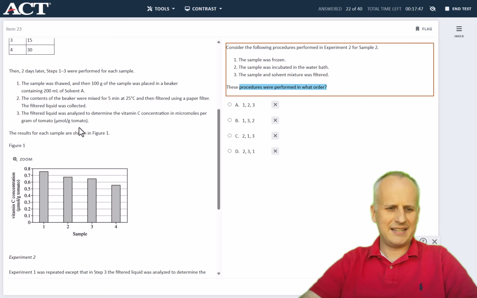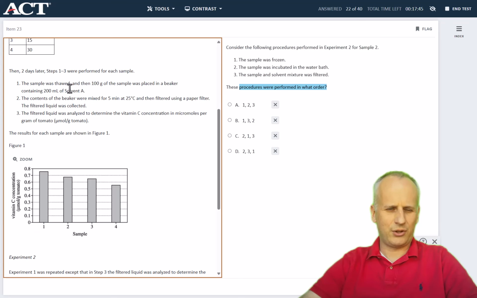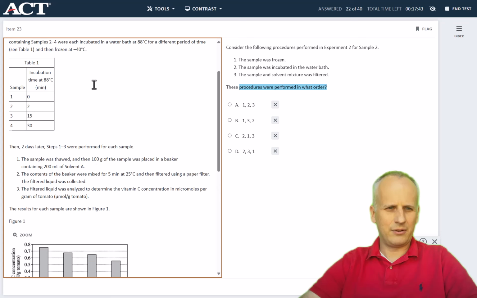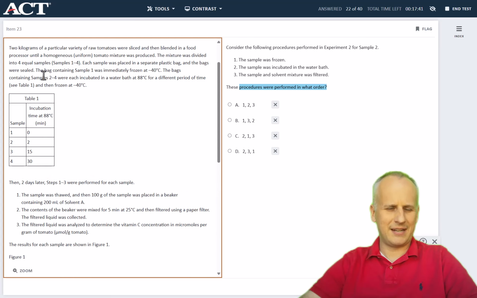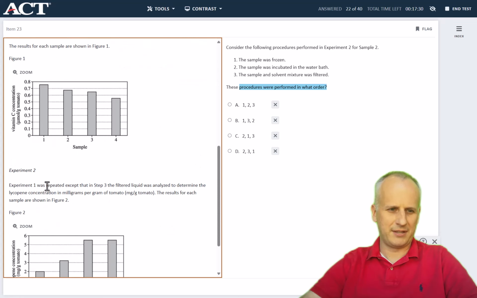So it says that the sample was thawed and then we start with the samples 2 through 4 were incubated in a water bath at 88 degrees for a different period of time and then frozen at negative 40 degrees Celsius.